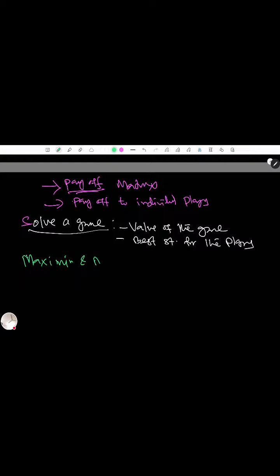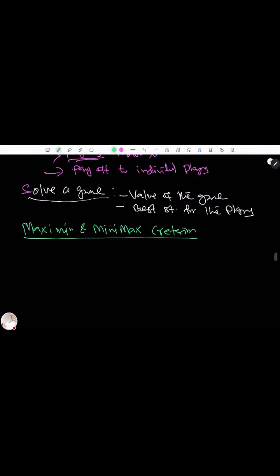It says that you have two players, player A and player B. In particular, suppose I write the payoffs as 1, 3, 1, 0, minus 4, minus 3, 1, 5 and minus 1.